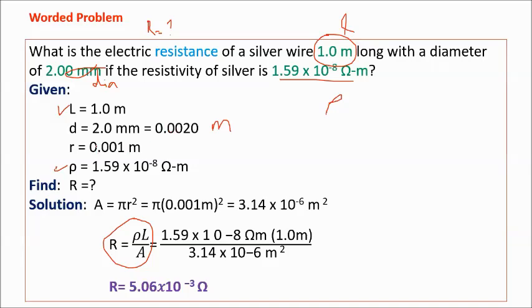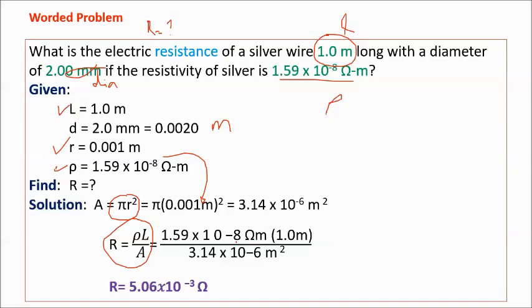And since we need R for our formula, pi r squared para sa area, then we divide the 0.002 by 2. That's why we have R equal to 0.001 m. And the next thing is to substitute that and use your calculator to find the value of A. So the value of A is 3.14 times 10 to negative 6 m squared.